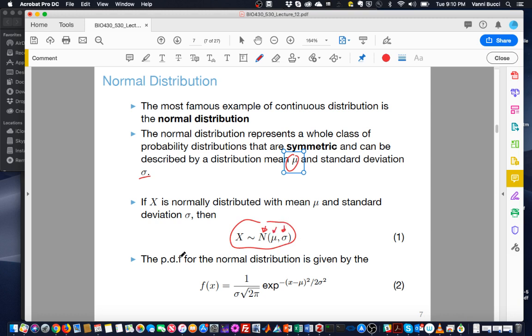The probability density function, which is the equation that allows you to draw the bell-shaped curve, gives the PDF for different values of x as a function of the two parameters, the mean and the standard deviation. Is this one.